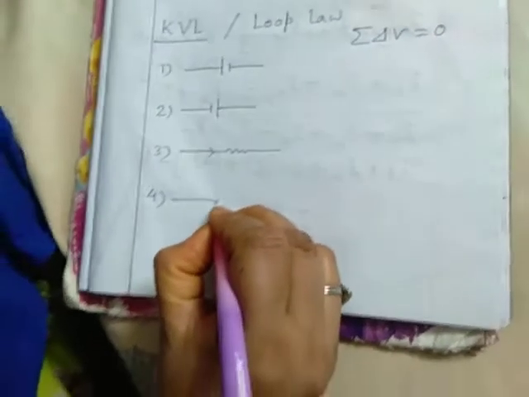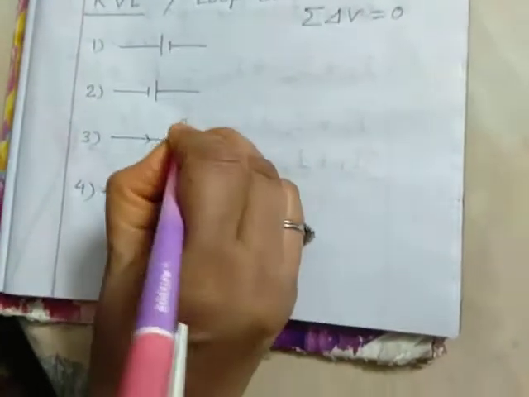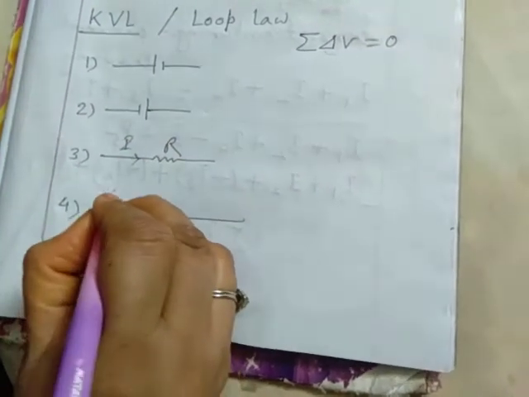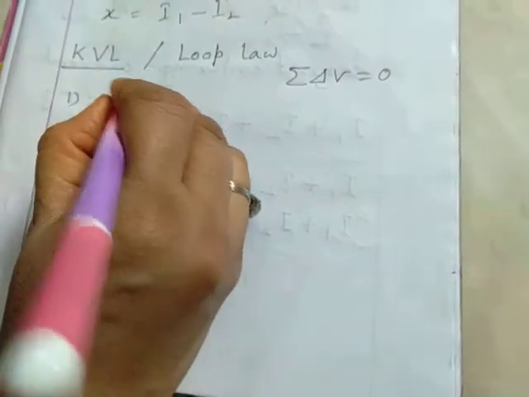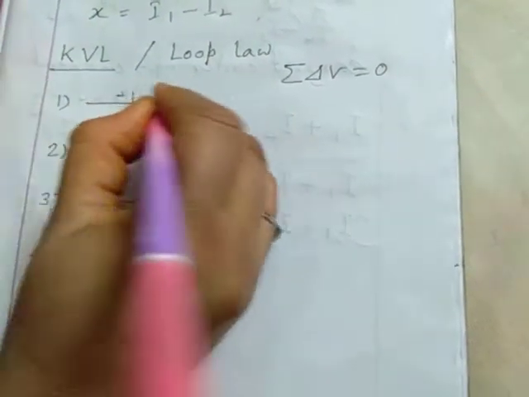at first I draw the figure, then I will explain. Look, this is the cell's positive side and this is the negative side.